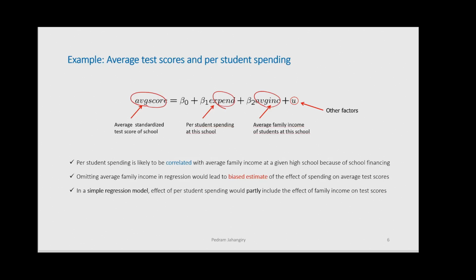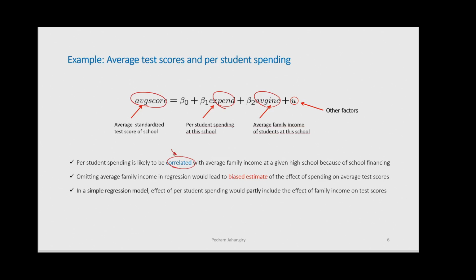We're going to say there's a good chance that per student spending is correlated with average family income, because the wealthier the families are, maybe the more contribution they give to the school, and then the more dollars are available per student to spend. So there's a good chance they're correlated with each other.